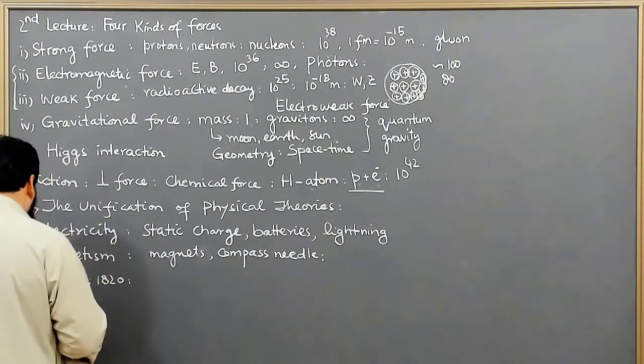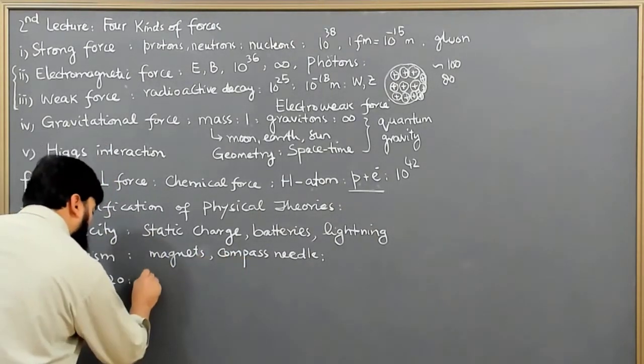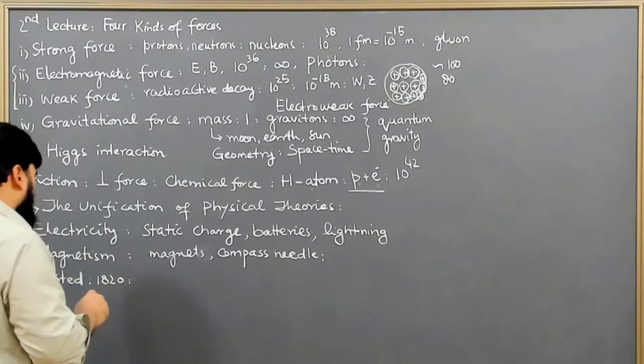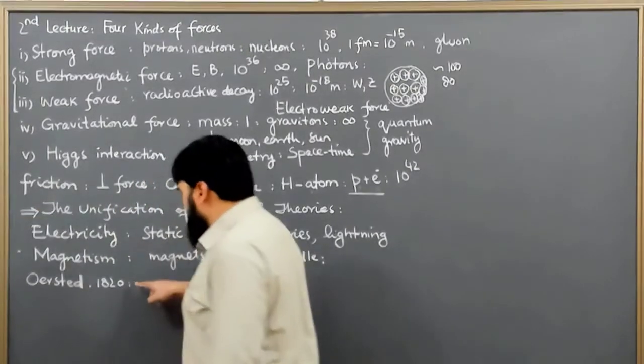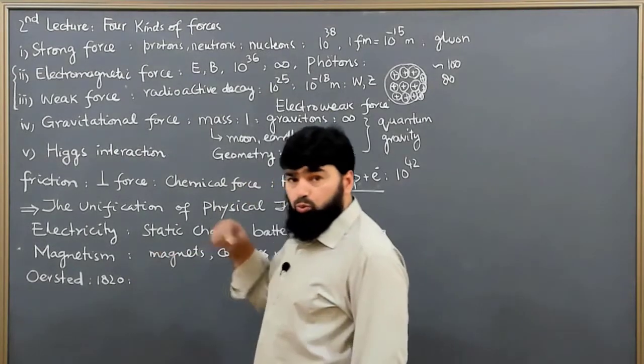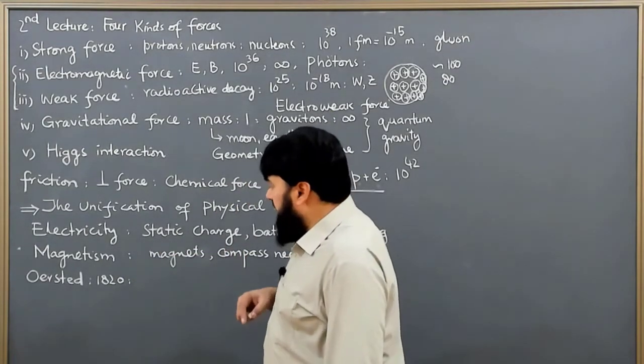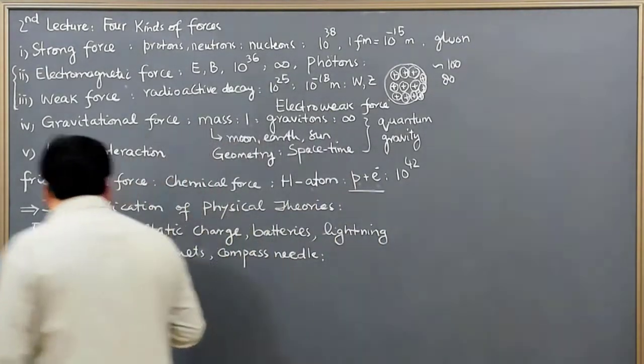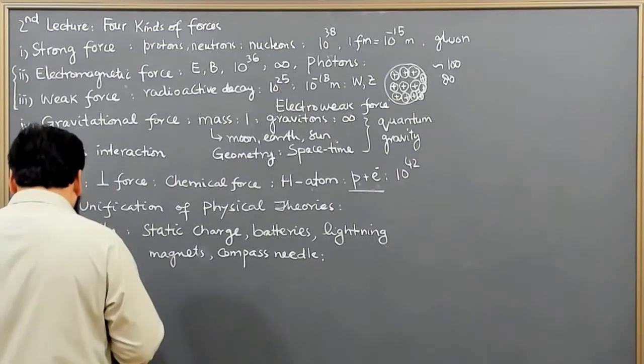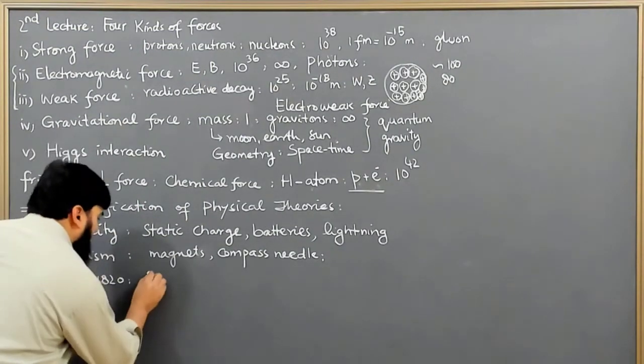This was the first observation that the electric current has something to do with the magnetic field. And this was then very soon formulated by Ampere.